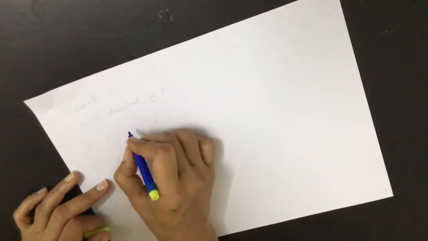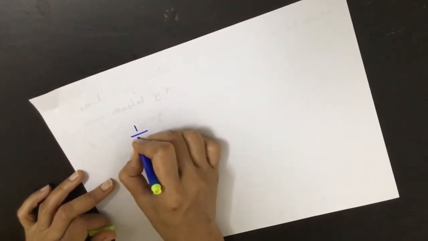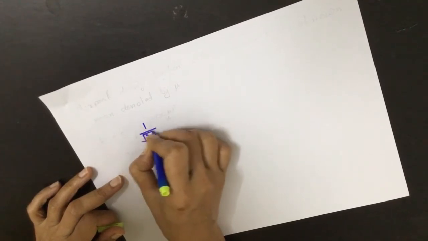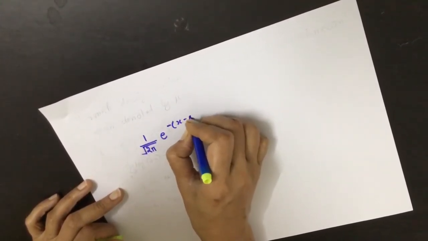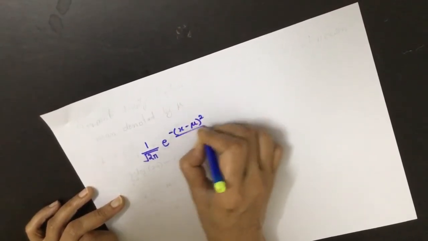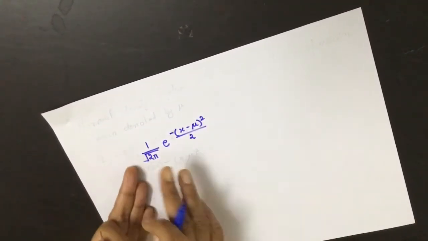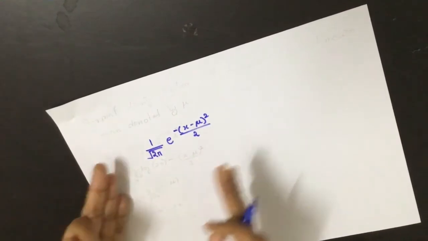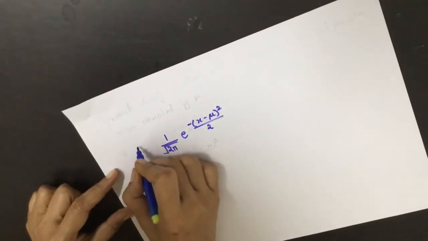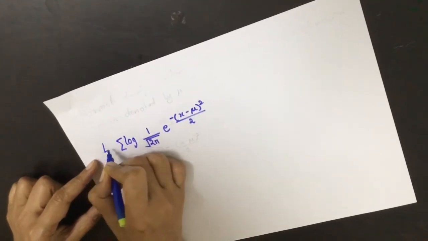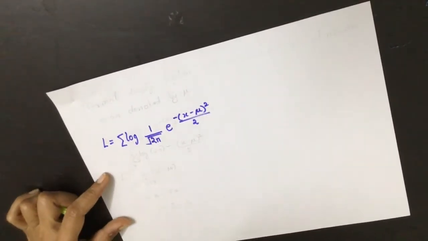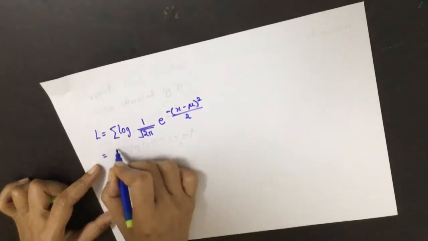We know the formula for the normal distribution is here. I have not written sigma because we have assumed it to be 1. So we take the log of it. This is our log likelihood.